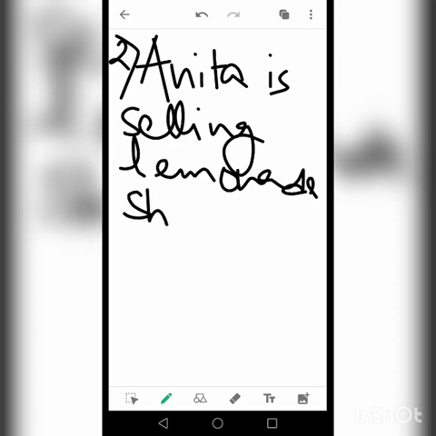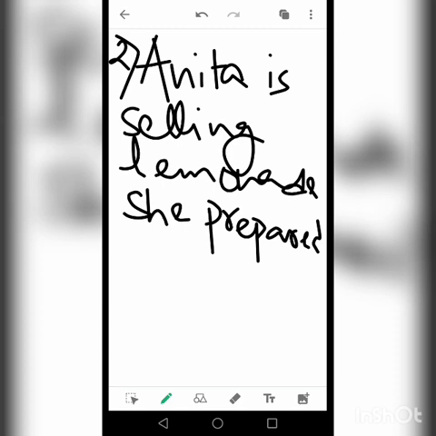She prepared some quantity. She prepared 8 liters of lemonade.